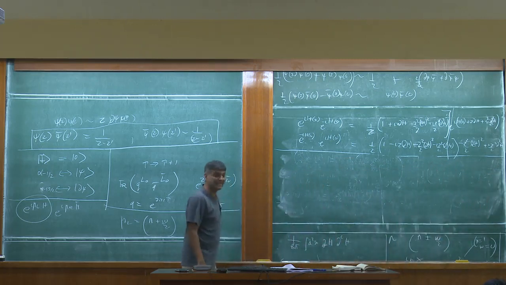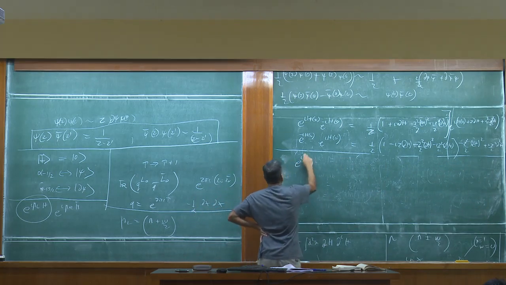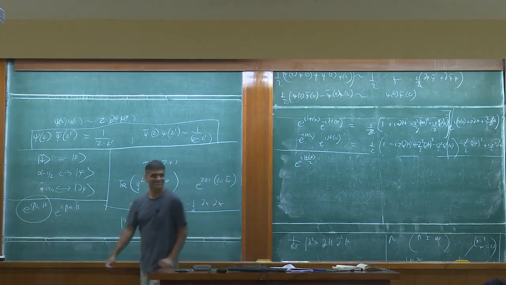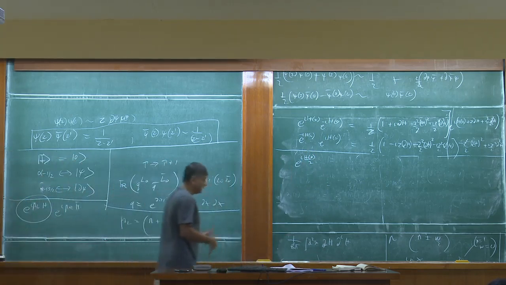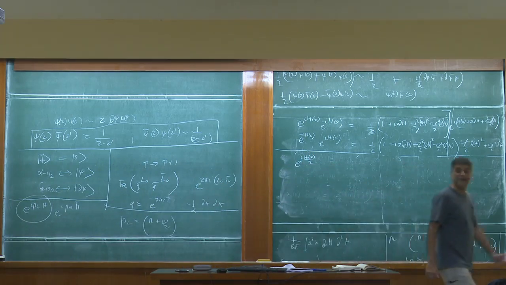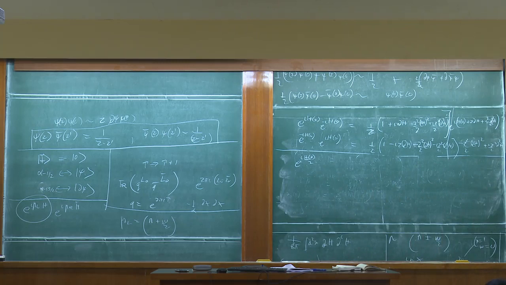Okay, so now let's study this operator, the operator e to the power i h of z by 2. We're going to try to find out everything we can about this operator and translate it to fermion language. First thing we're going to find out is this.